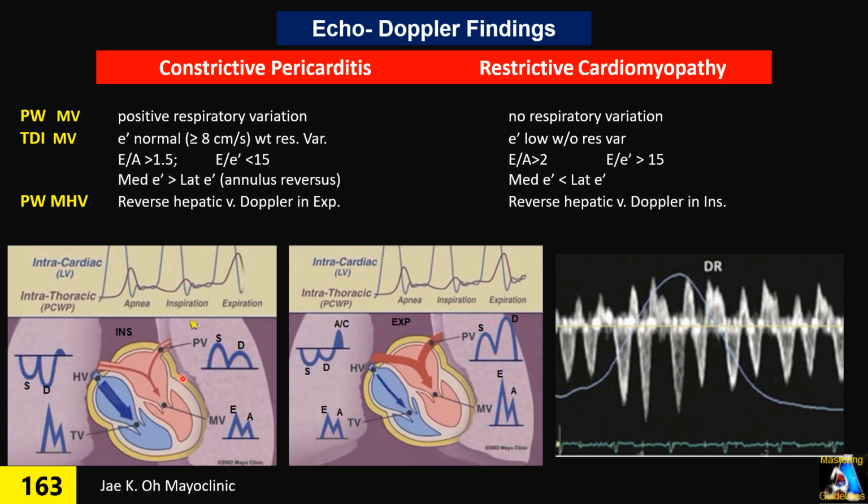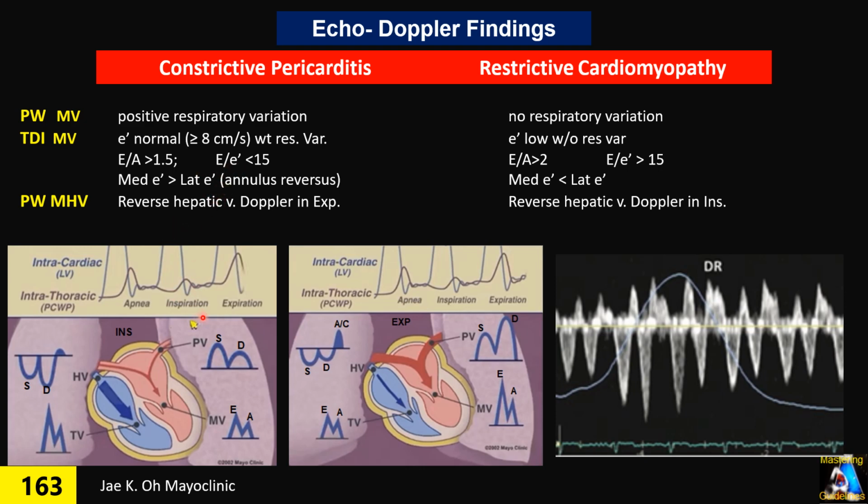The E prime in medial becomes higher than lateral. How much percentage? Over 80% of cases with constrictive pericarditis, 80 to 90%, have this paradoxical medial E prime that becomes bigger than lateral E prime.